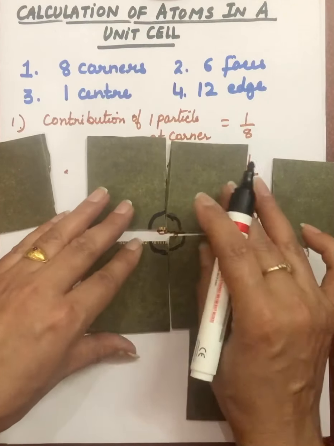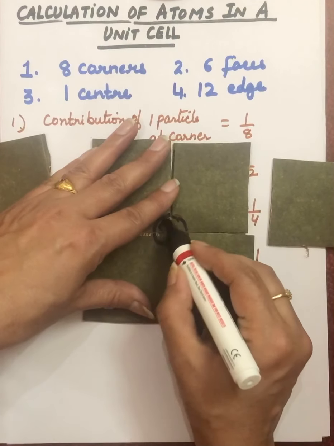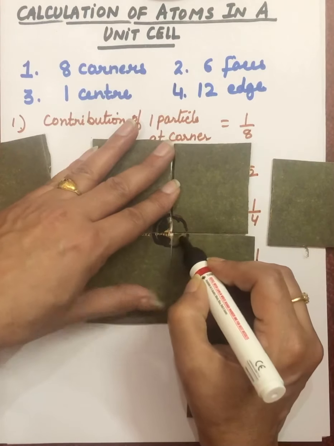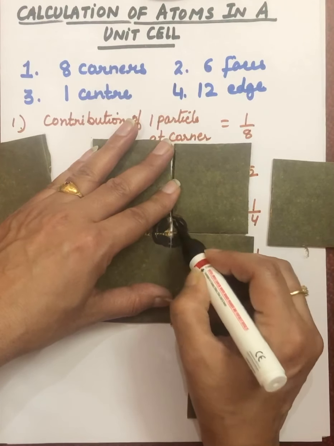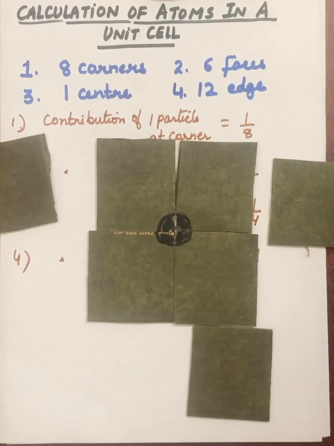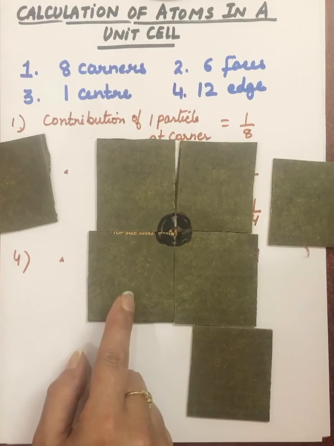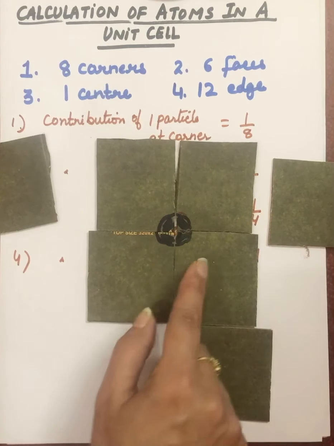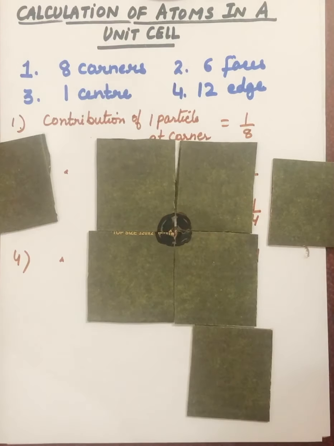This black one is the particle here at the corner. Now, this particle at the corner is not completely belonging to this unit cell. It is touching these unit cells also.